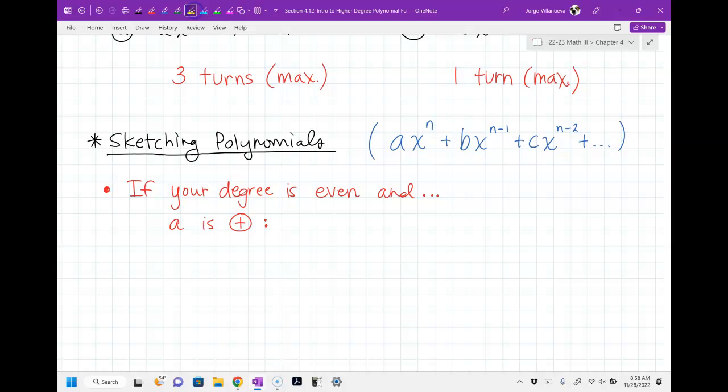But what you should notice is the a term is the number right in front of the highest degree. So if your highest degree happens to be a 3, that's great. Look at the coefficient. This is called our coefficient.